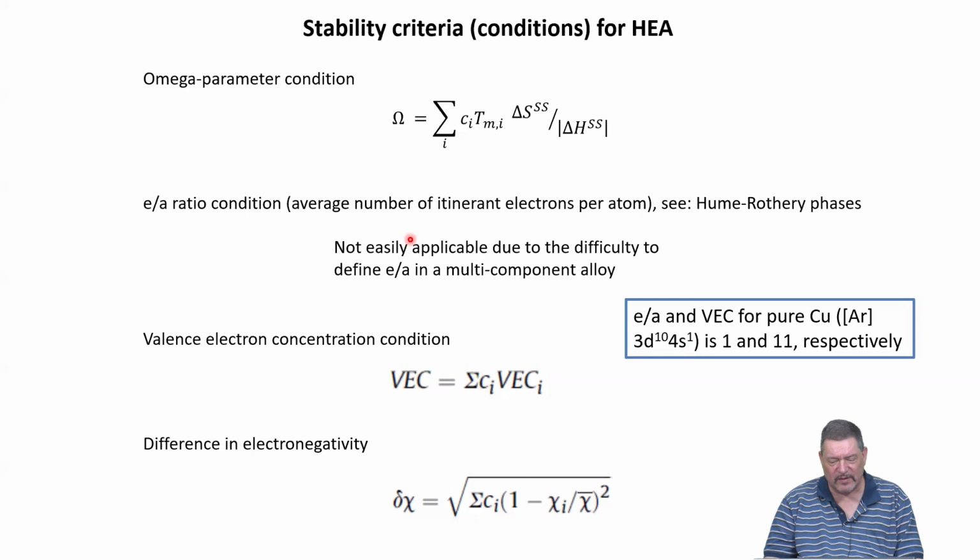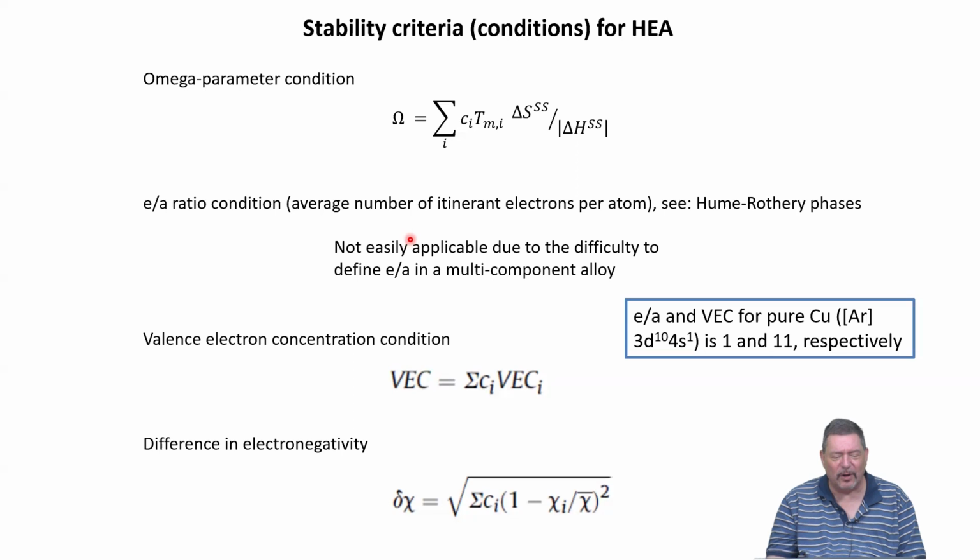If you, for example, think the electrons per atom ratio condition is the same as the valence electron concentration condition, then if you do the calculation for pure copper, you would see that the E/A ratio condition gives you 1. But the d electrons are still valence.